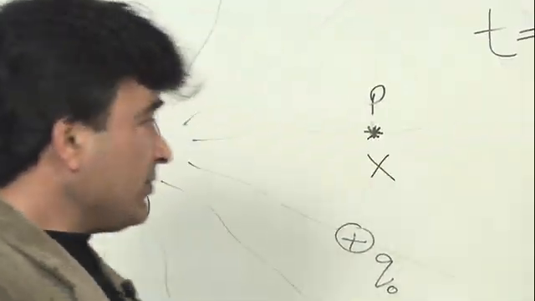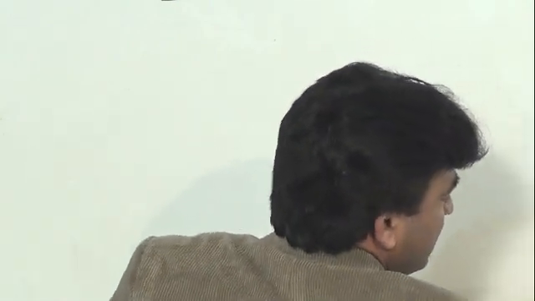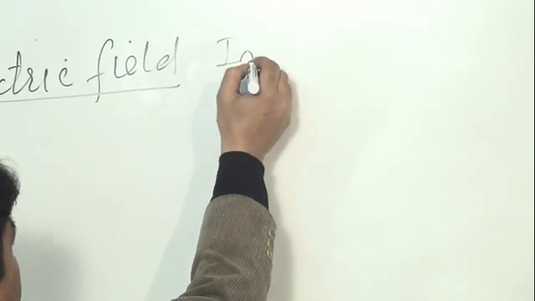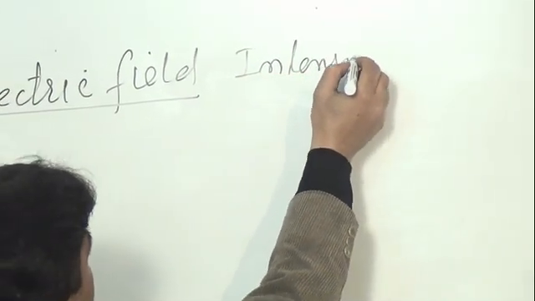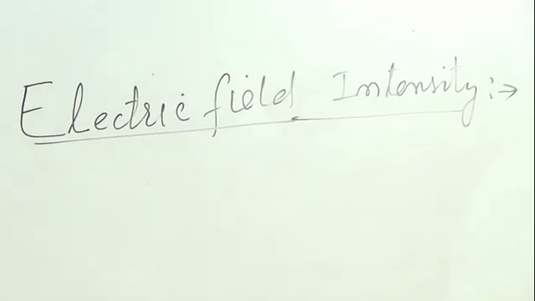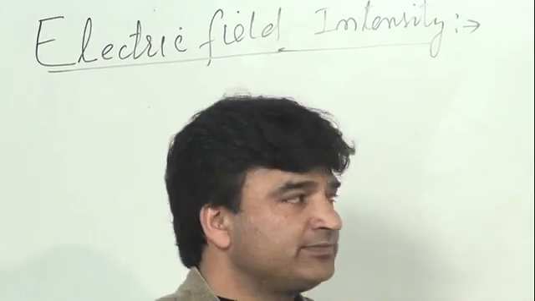Now, there is another term called electric field intensity. Electric field intensity is the measure of electric field at any point within the field.